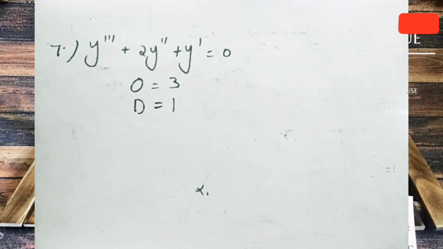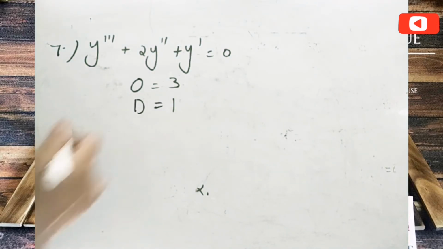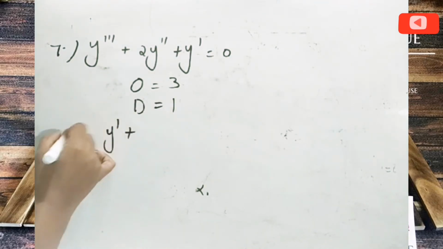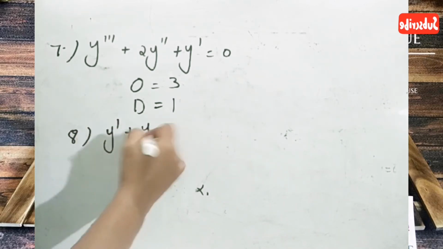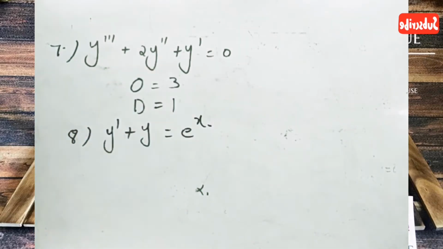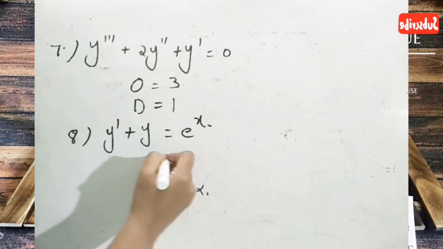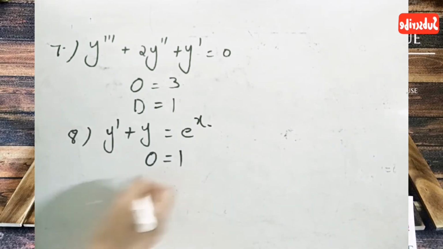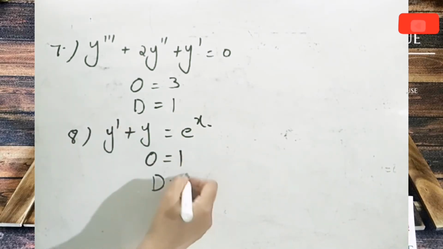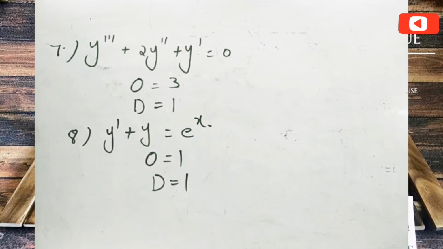So order is 3 and degree is 1. Next one: y' + y = eˣ. The highest order derivative is the first order derivative and its power is 1. So order is 1 and degree is also 1.